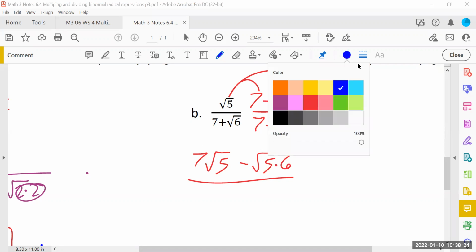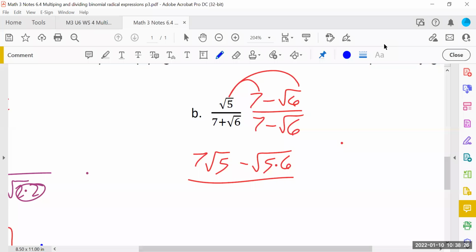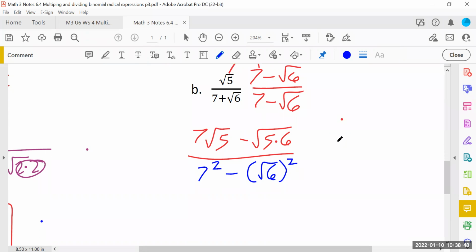The bottom, though, instead of multiplying everything out, it's a difference of squares. It's the first thing squared minus the second thing squared. You know the middle terms cancel out. So this is going to be 7 times 7, 7 squared, minus the second thing squared. So 7 squared is 49. The square root of 6 squared, right?